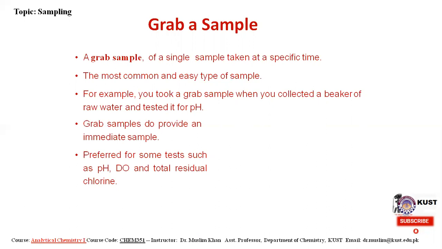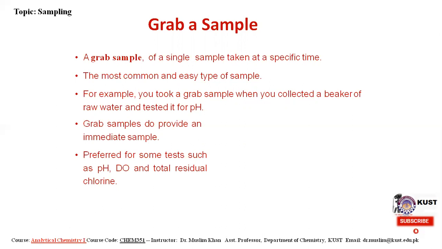For example, you take a grab sample when you collect a beaker of raw water and test it for pH. For example, there is the running water of a river. You want to measure the pH of this running water, or the dissolved oxygen, or the total organic matter, or the total residual chlorine.